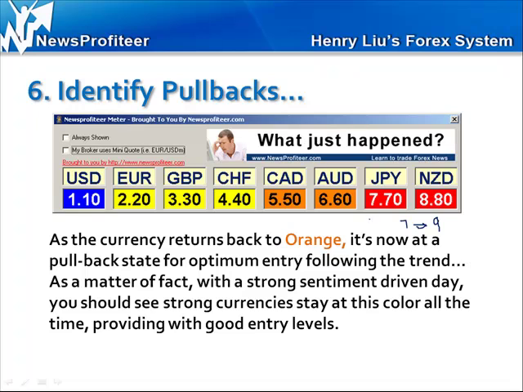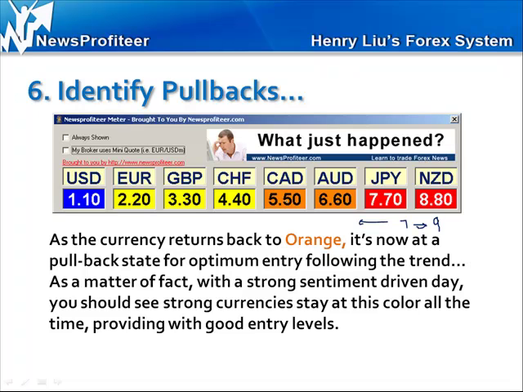I like for the market to pull back to somewhere around the orange, around 6, anywhere above 5. If I get as close to 5, but not below 5, then it's telling me that the market has done a pullback. And when I see that pullback, usually it means it's time for me to enter.